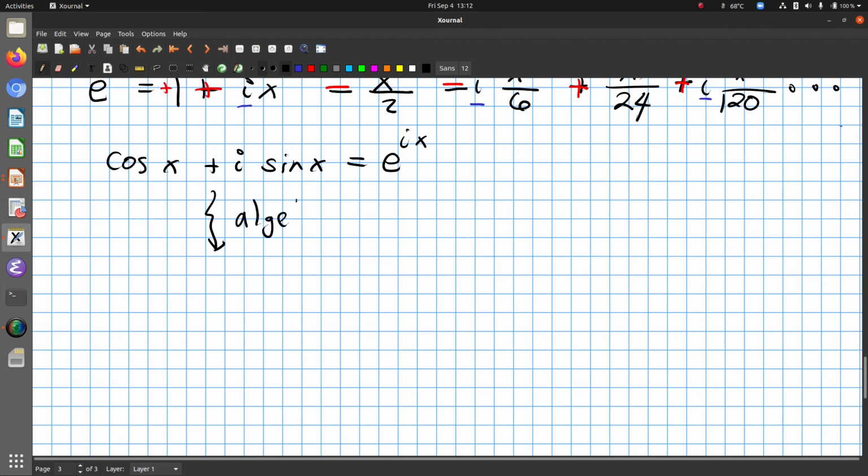I won't show you the details, but there's a little bit of complex number algebra. We find actually that there are two formulas, one for cosine and one for sine.